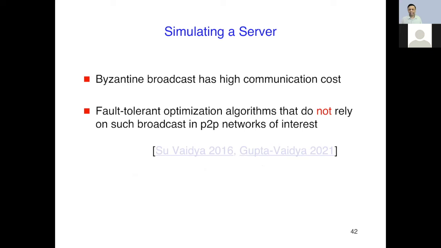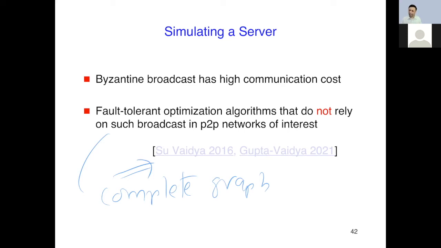So there exist algorithms. In fact, one of the first fault-tolerant optimization algorithms proposed was performing these kinds of Byzantine broadcasts. But there also exist algorithms for the peer-to-peer setting, in particular for the complete graph, where we do not actually use Byzantine broadcast, meaning the faulty agent can in fact send different values to different neighbors in that complete graph.